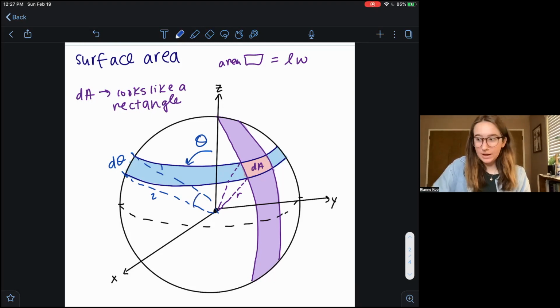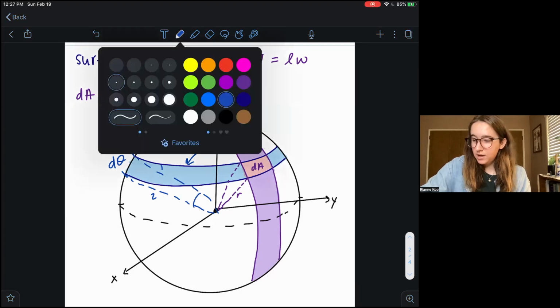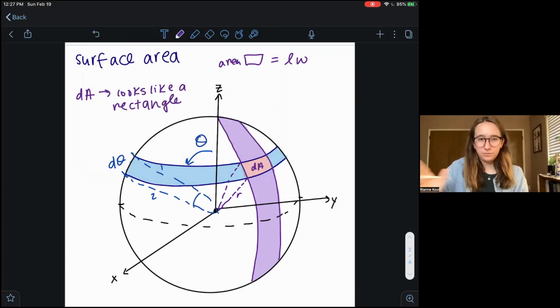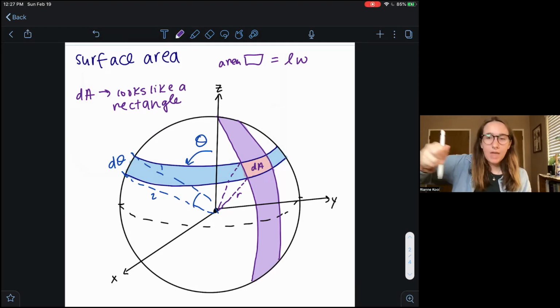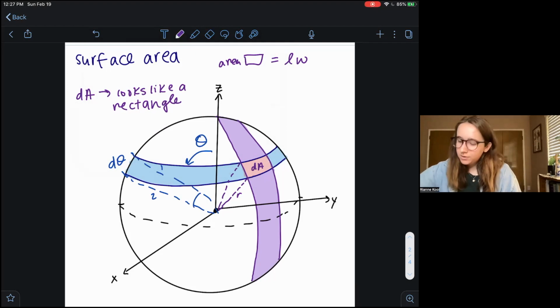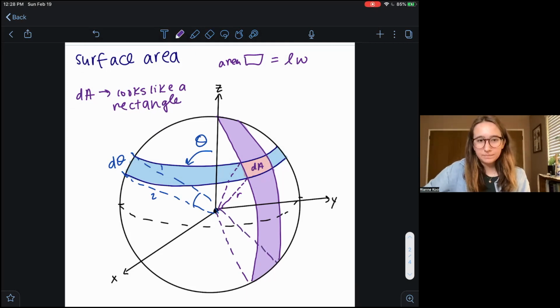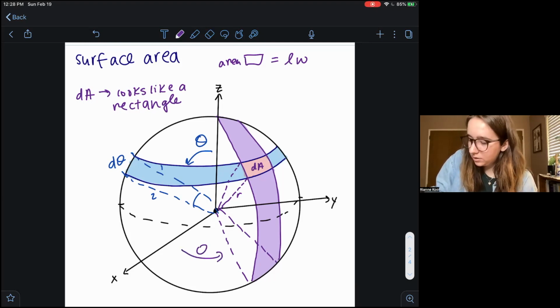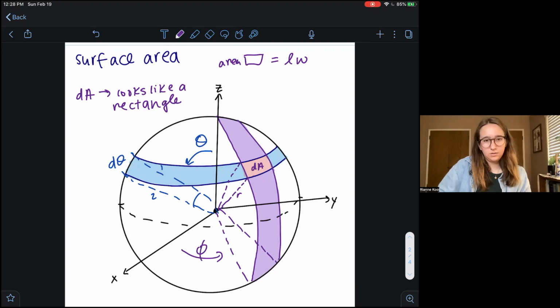So now let's look at phi. So phi is measured from if we sliced it in at z equals 0, that entire region that we would see when it was sliced. So I'm going to draw some dotted lines from here to here in the purple section. And so we know that phi goes from that way.